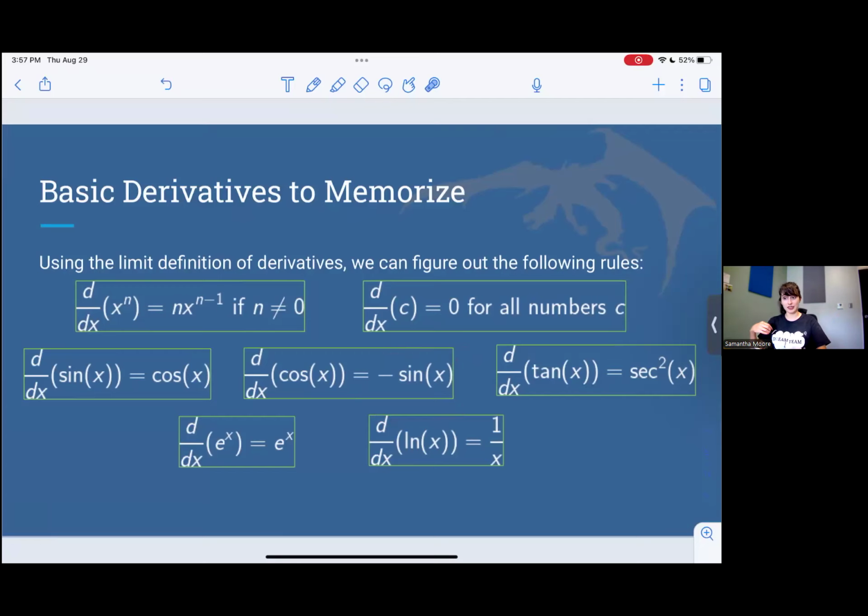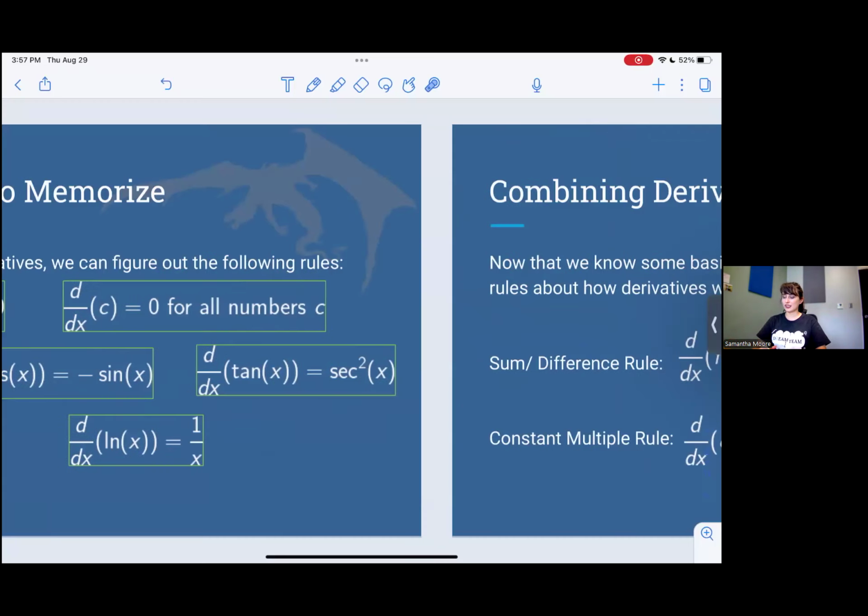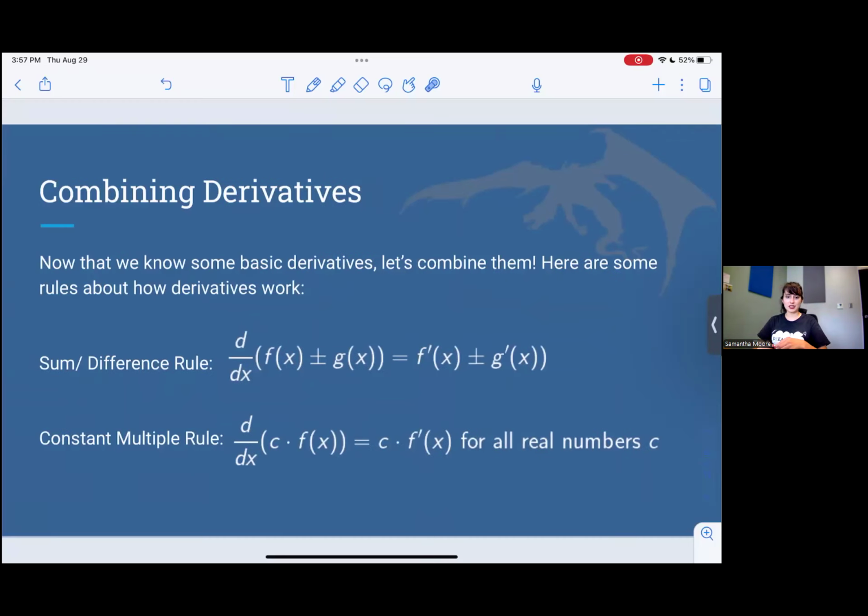Okay, so that's one set of useful information. The other set of useful information is that you can also combine derivatives. So we have a sum and a difference rule that says if I want to add or subtract two functions and then take the derivative, I could take the derivative of the first function and then add or subtract the derivative of the second function.